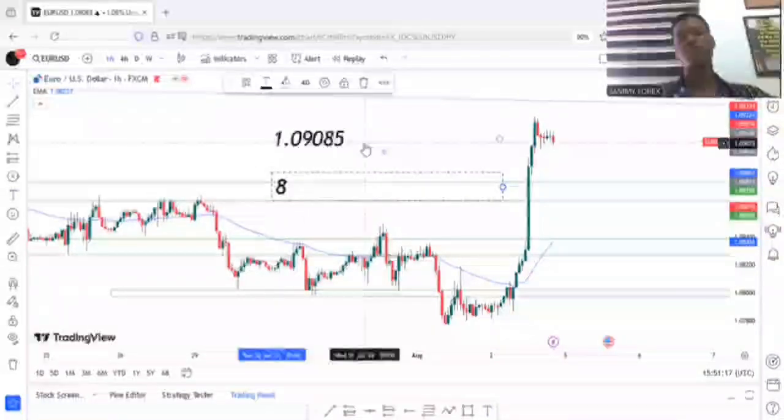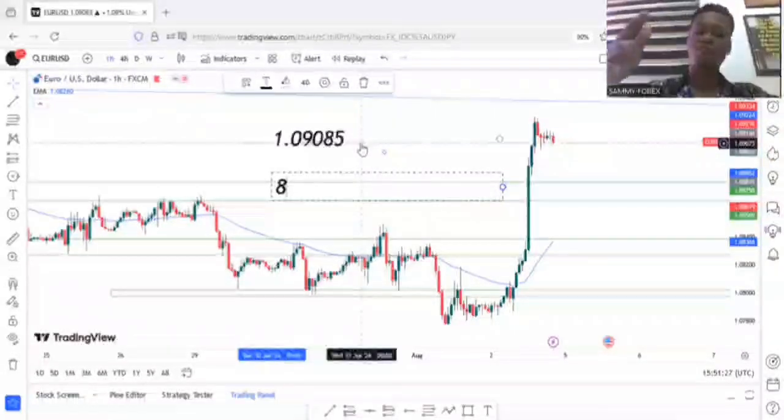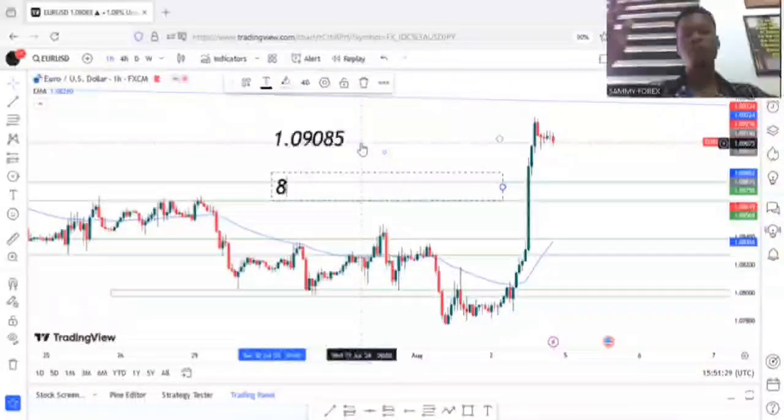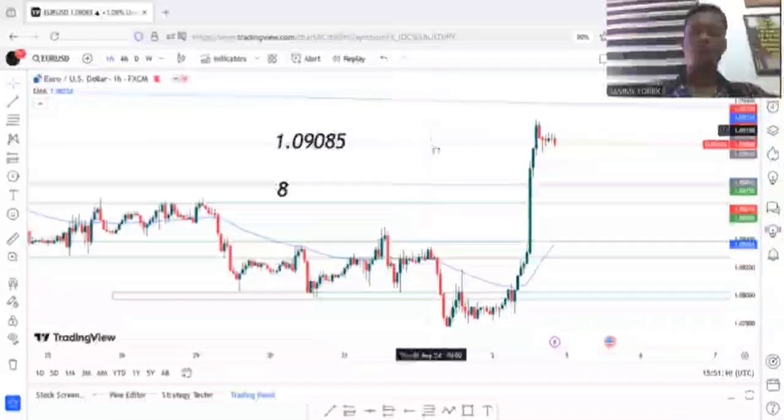Why is 5 called the pipette? Because it's the fifth digit after the decimal point, while the fourth digit after the decimal point is called the pips. That's how we know the pips. So we are done with the pips.